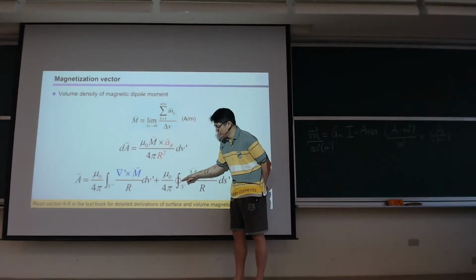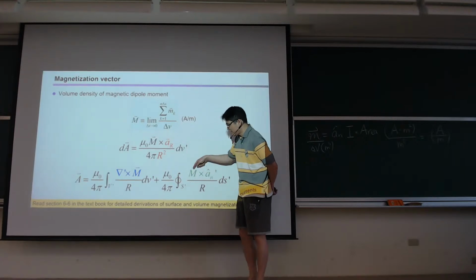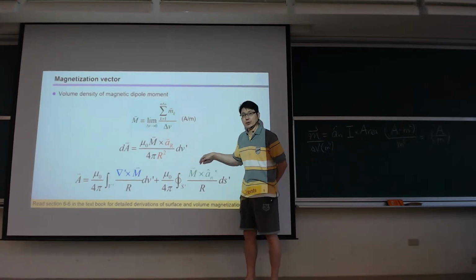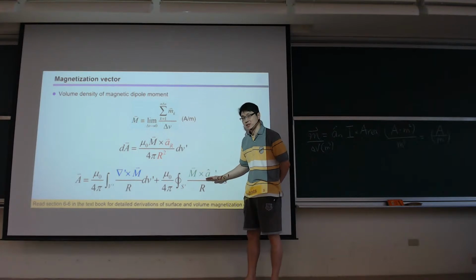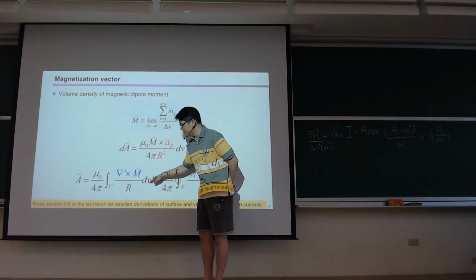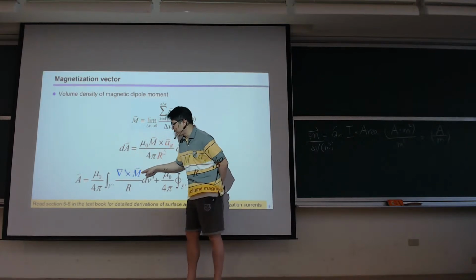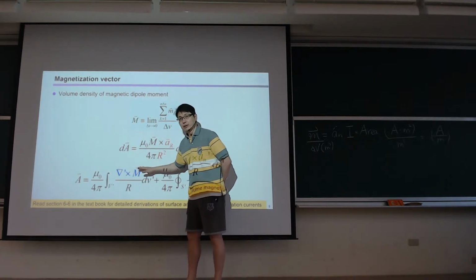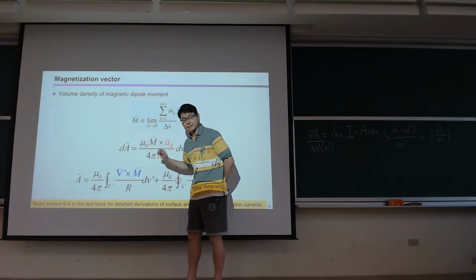Now you have a closed surface integration, and this term, if it's not zero, this contribution is called the surface term. And this is the volume integration. If curl of M is not equal to zero, then you have a volume magnetization current term.